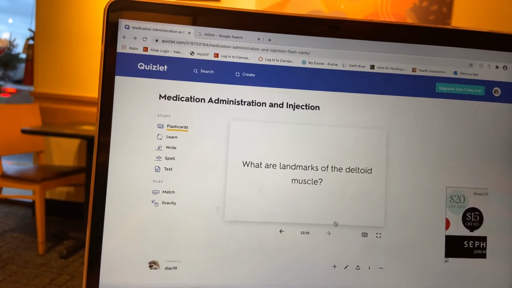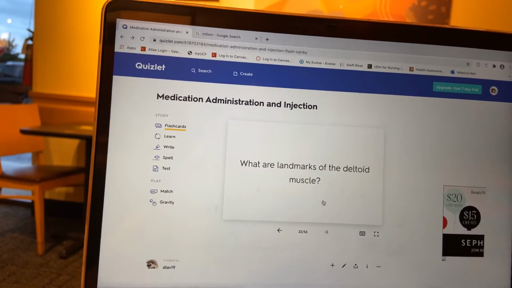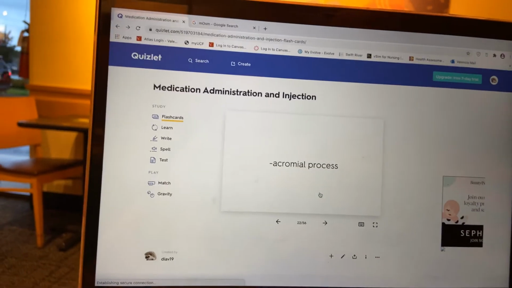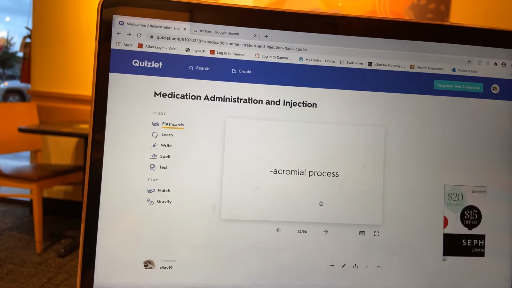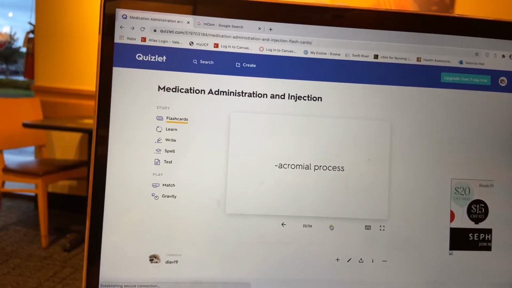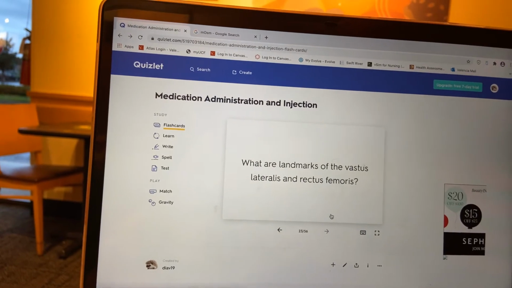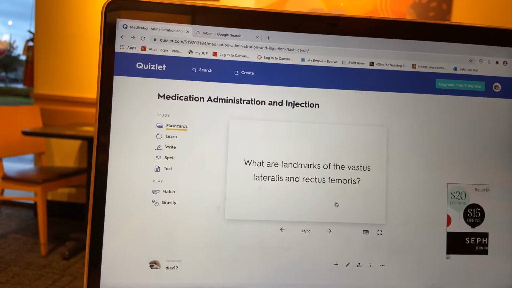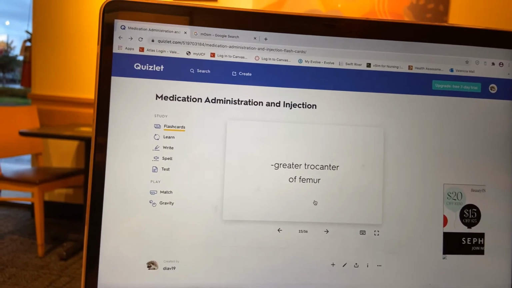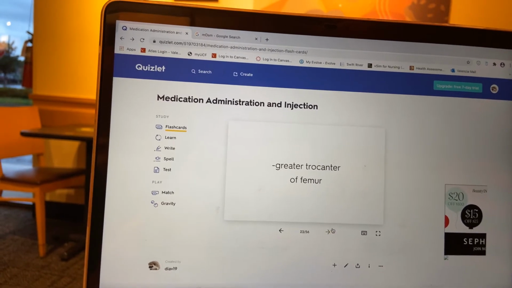What are landmarks of the deltoid muscle? The acromial process. What are landmarks of the vastus lateralis and rectus femoris? The greater trochanter of the femur.